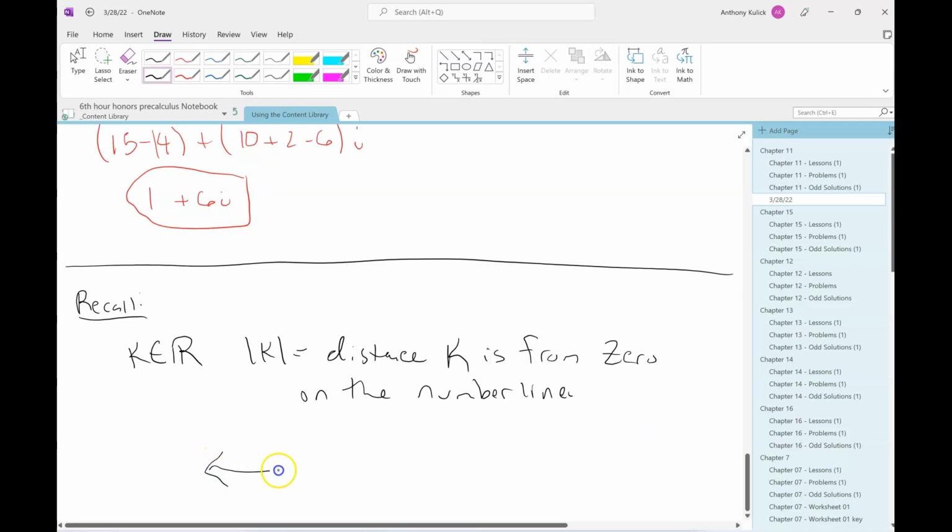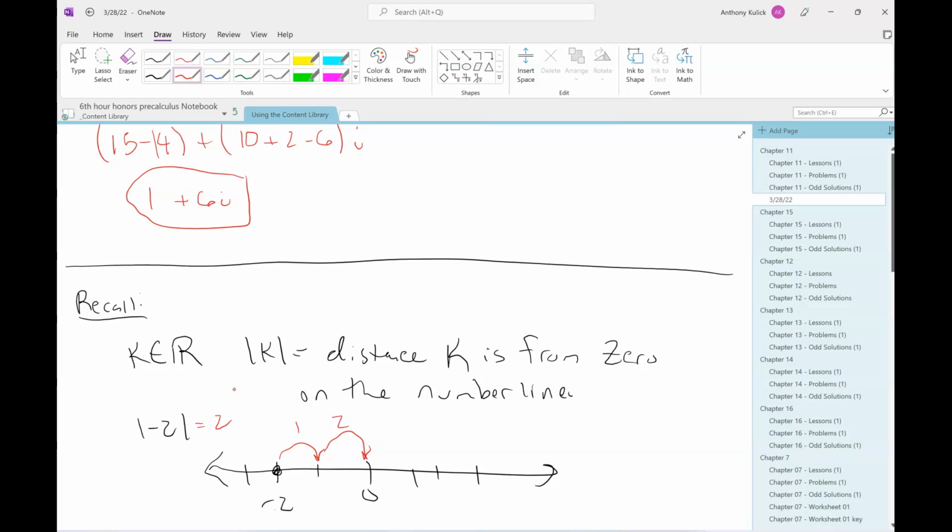So for example, here's my number line. If I want the absolute value of -2, -2 is here. So 1, 2 distance from 0, right? Everybody feel okay on that?